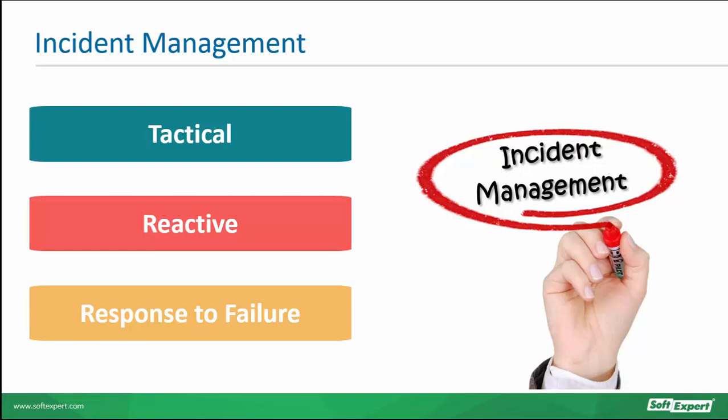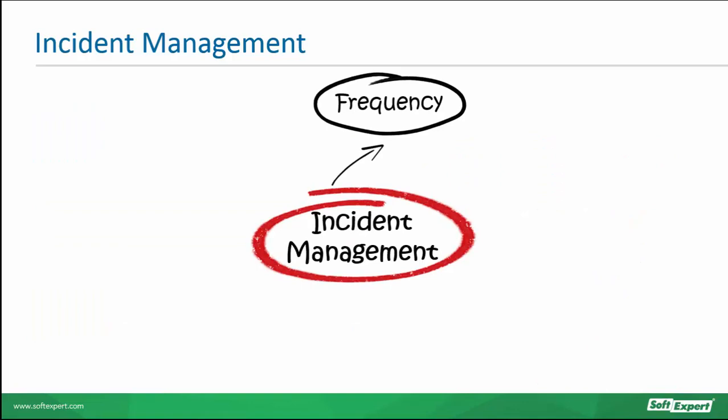Now, what happens if you're the best at incident management? What happens if you're the number one incident management process company in the world? What does that mean to your customers? If you're the best, you generally aren't reducing the frequency of incidents. You're not reducing the volume of those incidents.